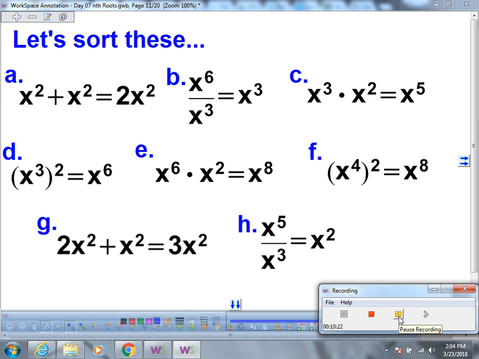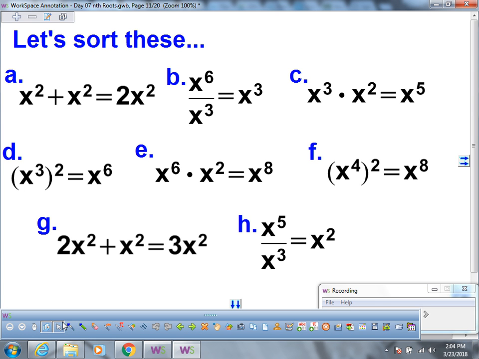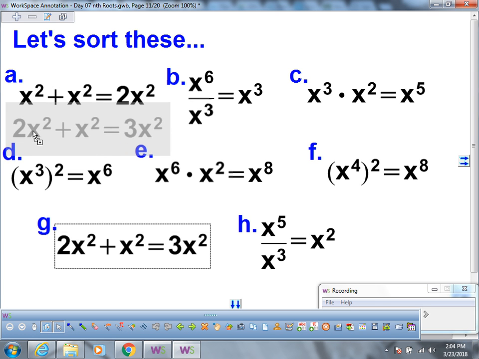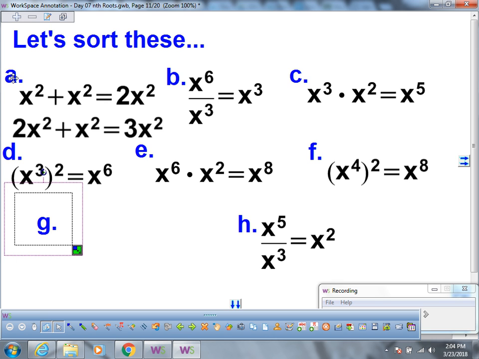Okay, so let's defend our thinking. Can you tell me what categories you think? Taylor, you want to give me the first 2? A and G. Okay, so what we're going to do with this is we're going to put them together in groups first, and then we're going to talk about them. What else? What do you think?